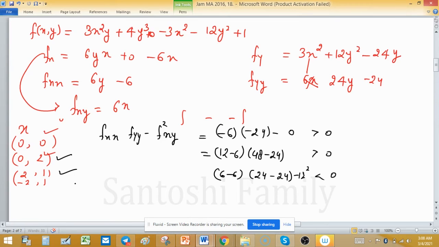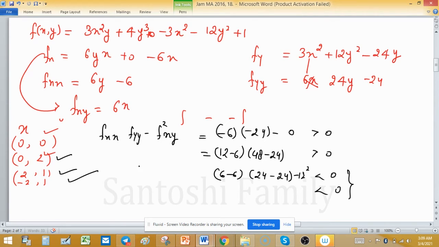Again at minus 2 comma 1, the value is less than 0, so these are saddle points.